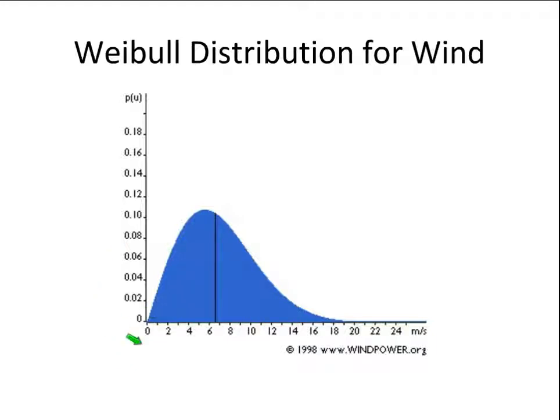It says that a very, very small amount of the time is there no wind, and a very small amount of the time there's wind over 20 meters per second. But quite a bit of the year, there's wind in this 4 to 8 meters per second range. You can think of it kind of like a bell curve or a normal distribution, but it basically says how much of the year is spent at what wind speed.